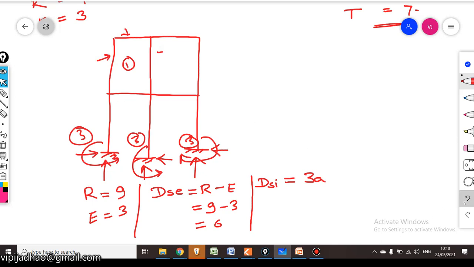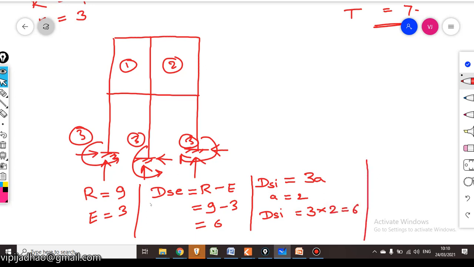And the second area is also completely enclosed by the members of your frame. So we have only two areas, so here A is equal to 2. Therefore degree of static internal indeterminacy will be equal to 3A, that is 3 into 2, which is equal to 6.